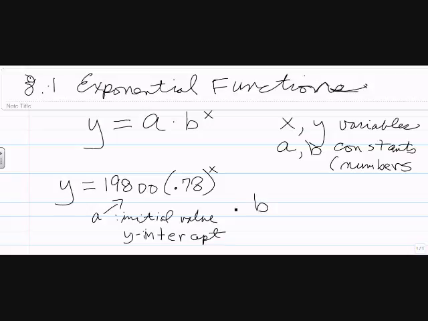And the b would be the 0.78 here. And what was that 0.78 in that problem called? That was the multiplier. Okay. So those were exponential functions from yesterday.